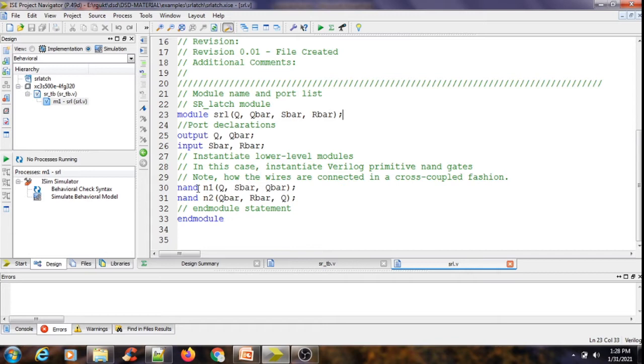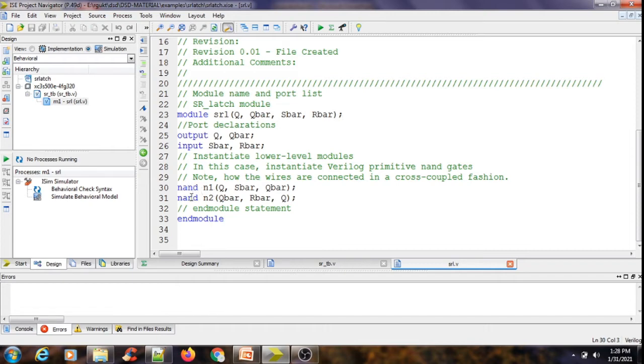So here I am instantiating two NAND gates. One NAND gate copy I have given the name N1, and the second is N2. That means these are acting as identifiers N1 and N2, by which I can identify two separate NAND gates.